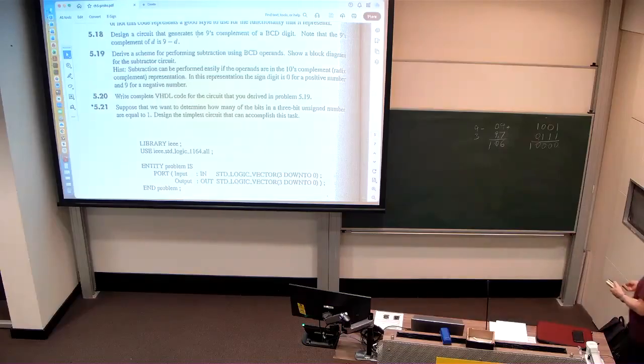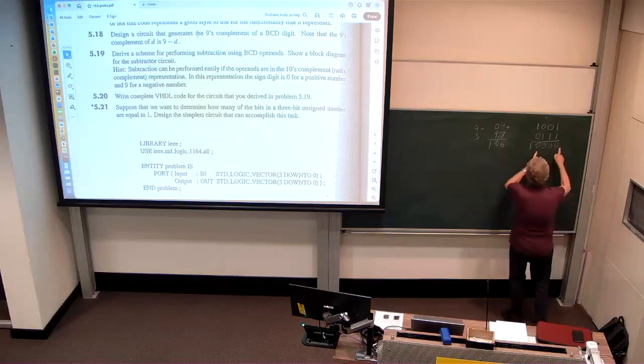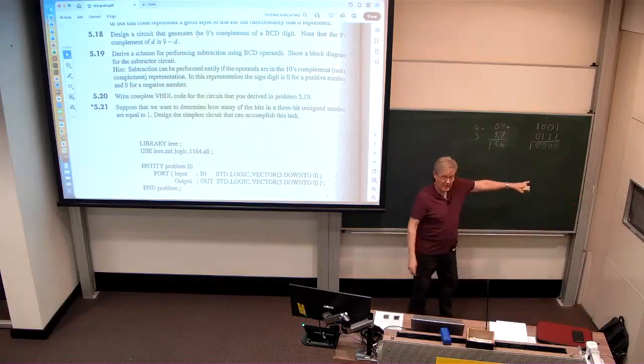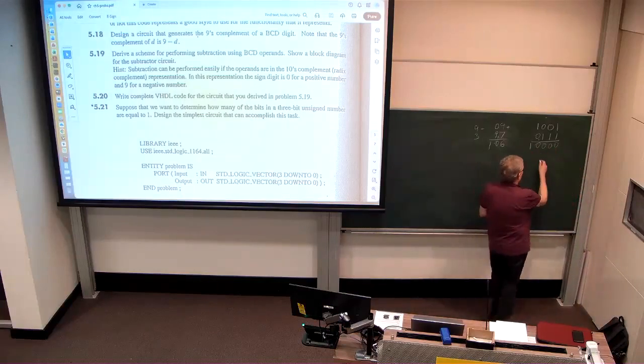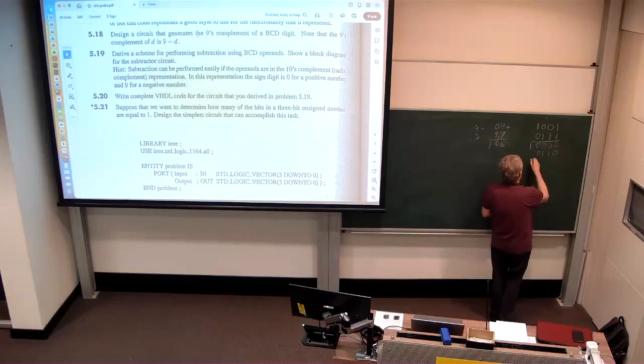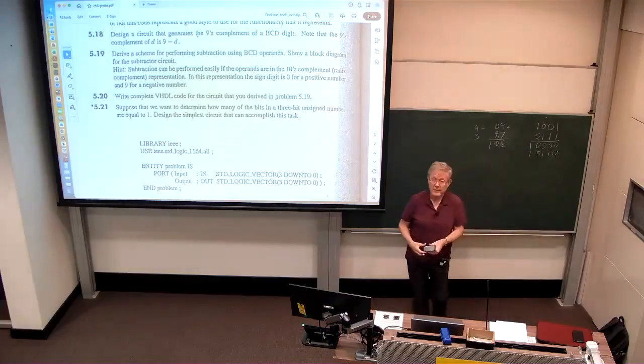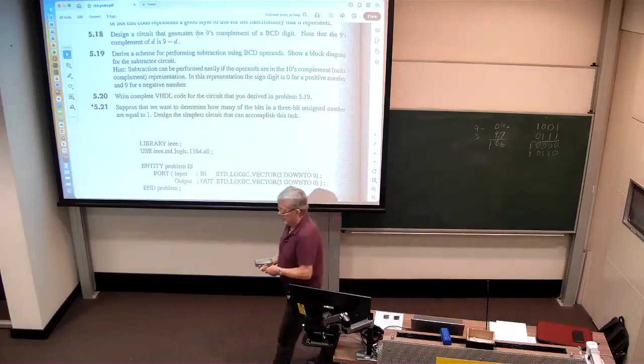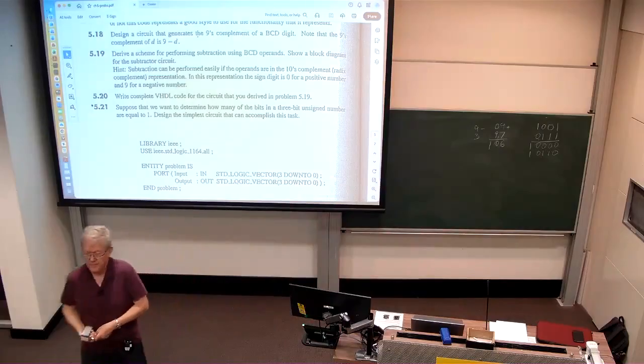You've got to correct this. So this is binary, not BCD. This is 16, so in BCD, this should really be 0, 1, 1, 0 plus 1, right? So that's where the error is.